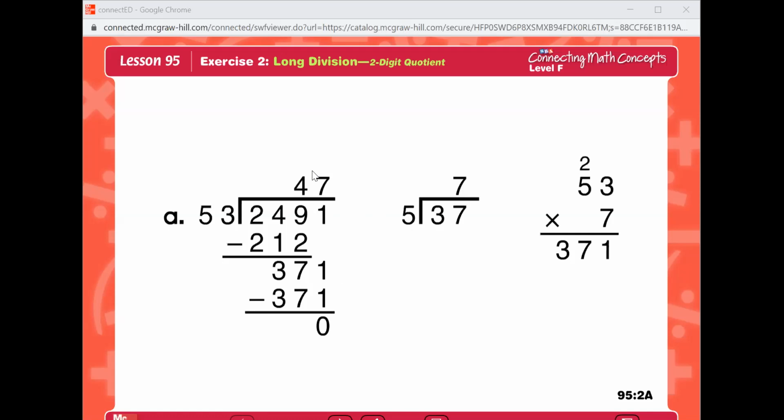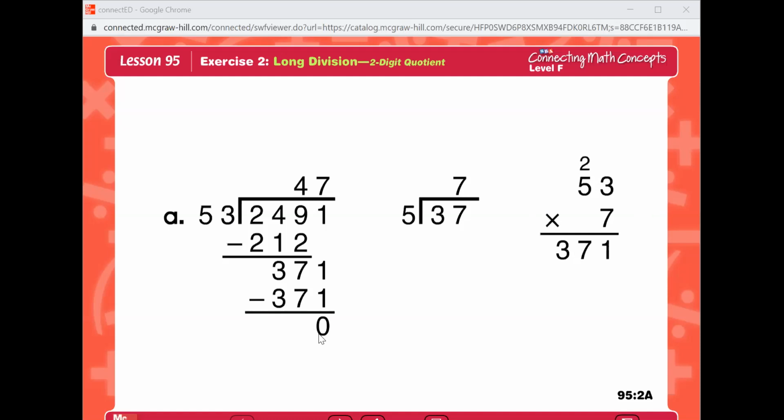So then you need to multiply 53 times this 7. So, like it's done right here, 53 times 7 equals 371. That is what you're going to plug in right here. And what is 371 minus 371?